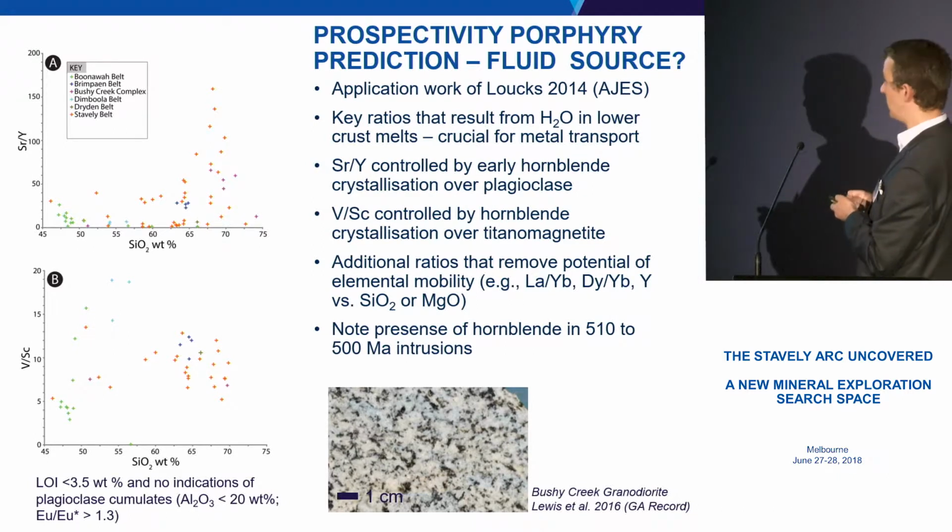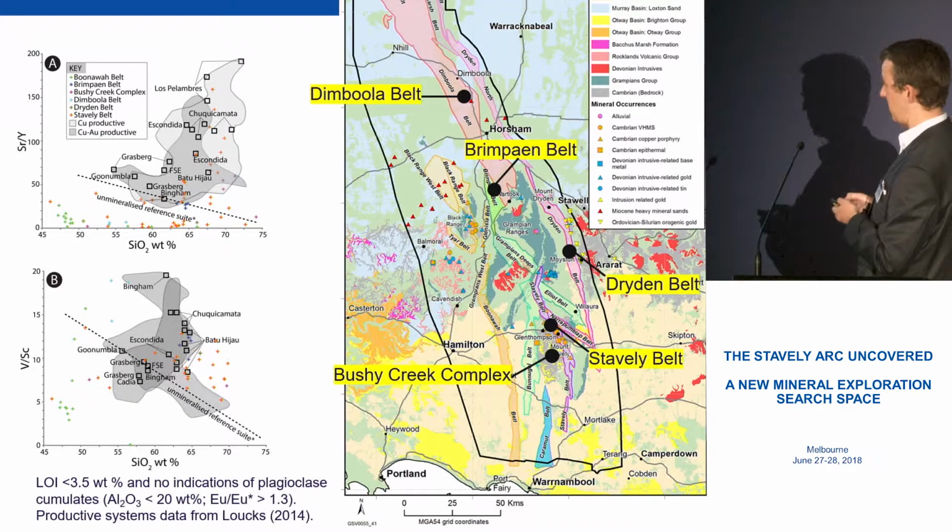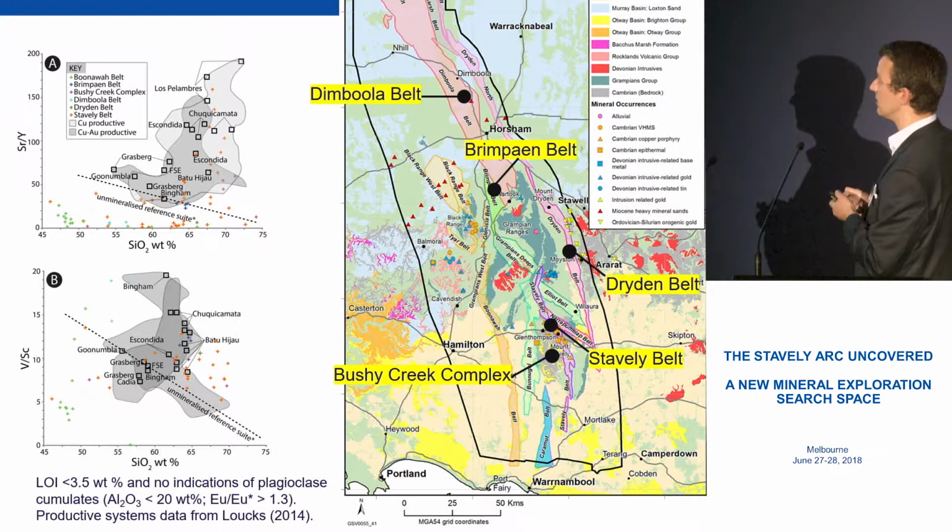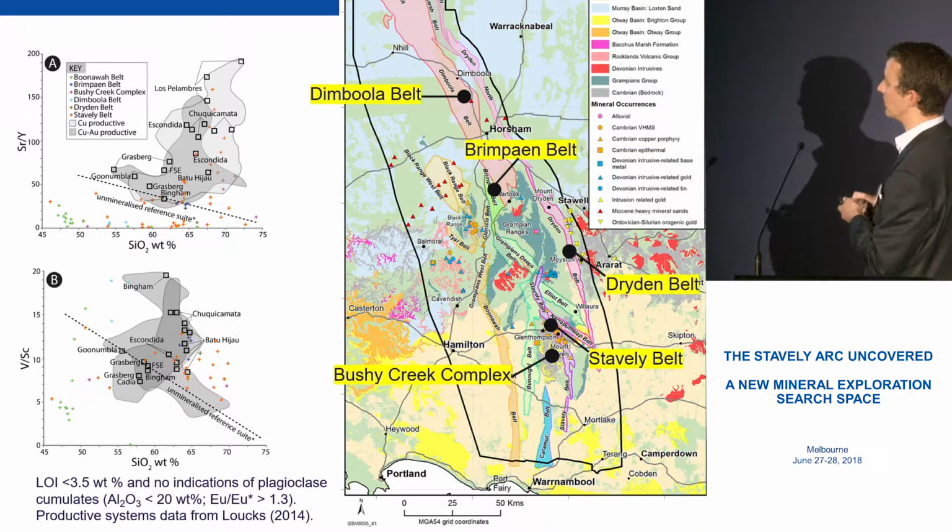So if we look at how that compares with known porphyry systems worldwide, we see that quite a lot of the belts do plot in the prospective zone for strontium, yttrium, vanadium, scandium as well. And those belts are the Dimboola Belt, Grampians, Dryden, Stavely, and also, most importantly, the Bushy Creek complex.